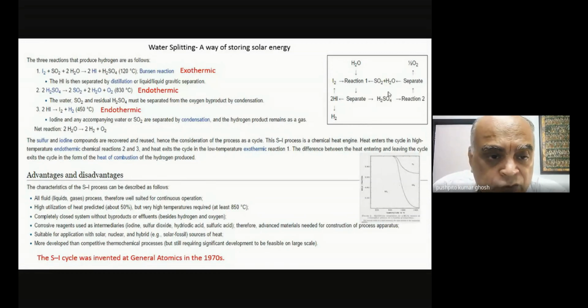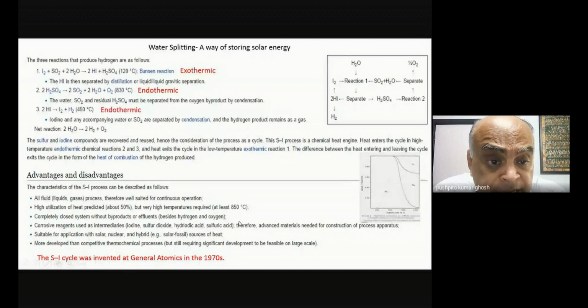Now, the advantages and disadvantages. One is that all are fluids, they are all gases or liquids, so it's very easy to transfer from one place to another. That's huge, whereas if you have to filter a solid, it would be a mess. So that's a huge advantage.